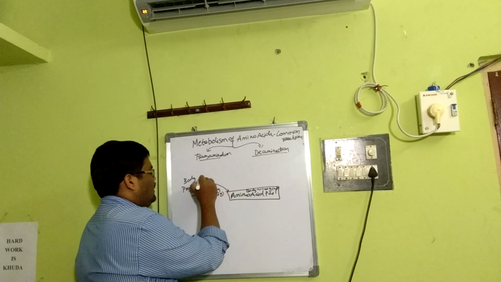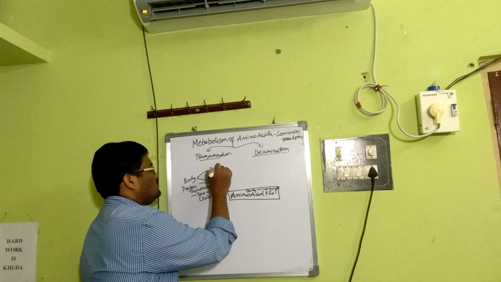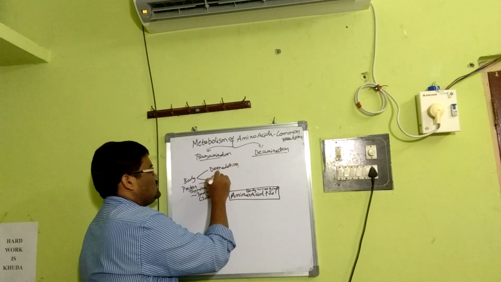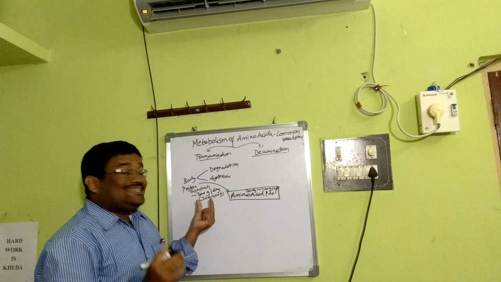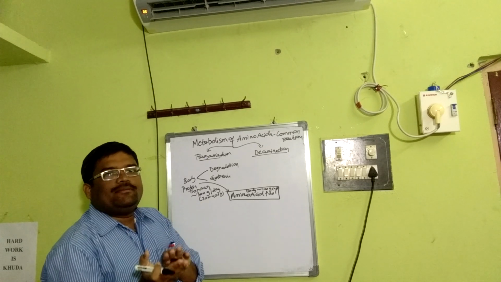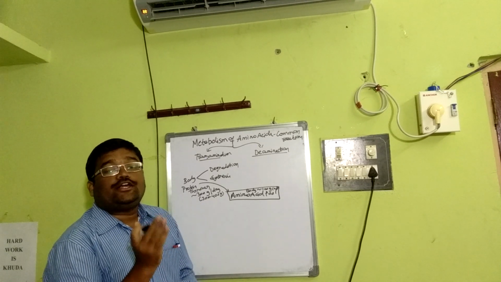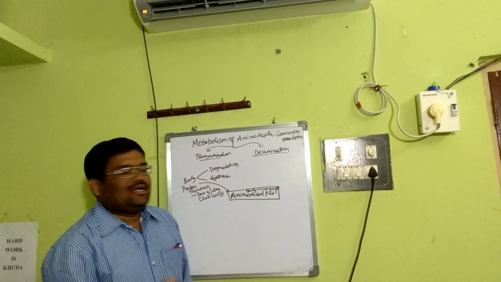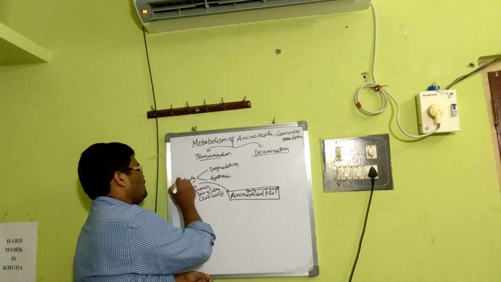It has two ways: one, degradation, two, synthesis. That means around 300 grams of body proteins are degraded and at the same time synthesized. This 300 to 400 grams is what we call body protein turnover, and it is one of the inputs for the amino acid pool.